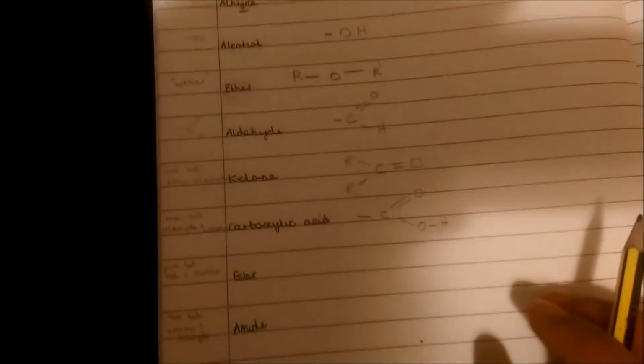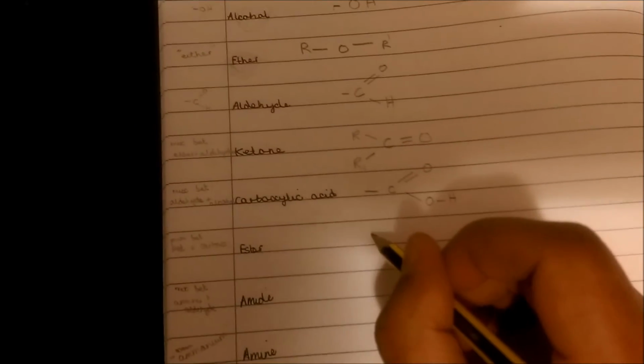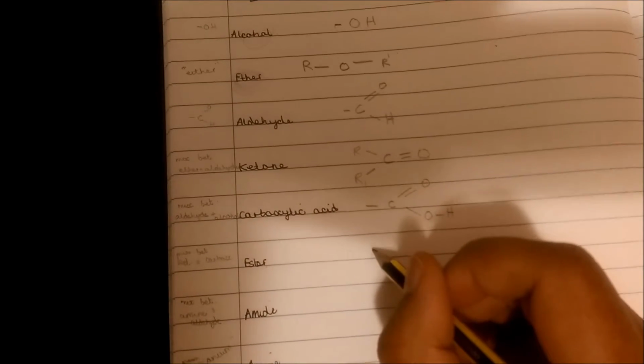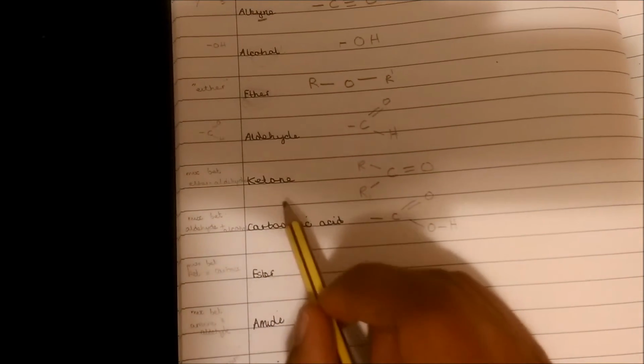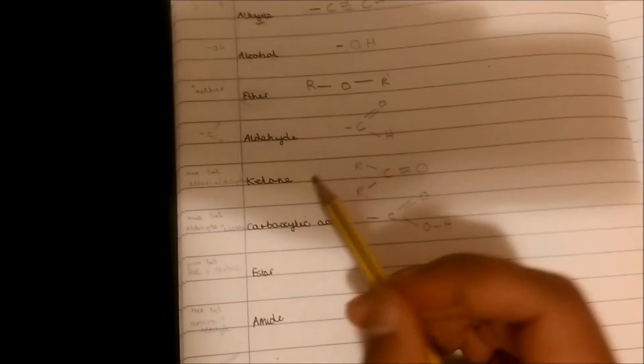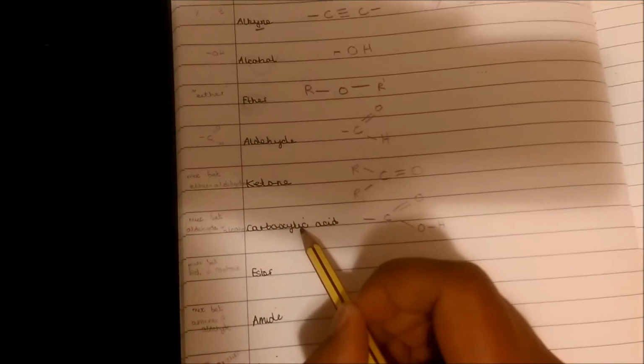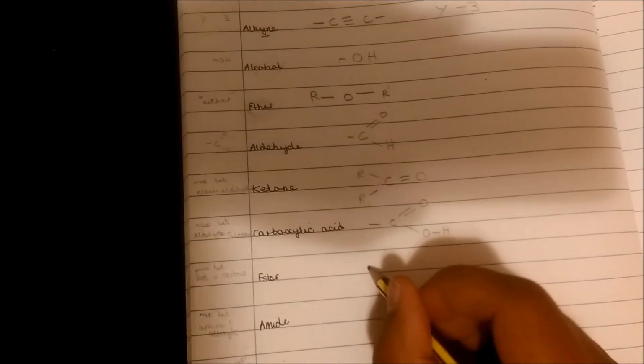Then you can move on to the ester, which again is a mix between the ketone and the carboxylic acid, because it looks somewhat like this.